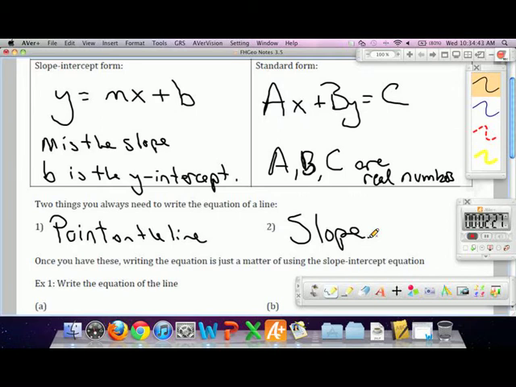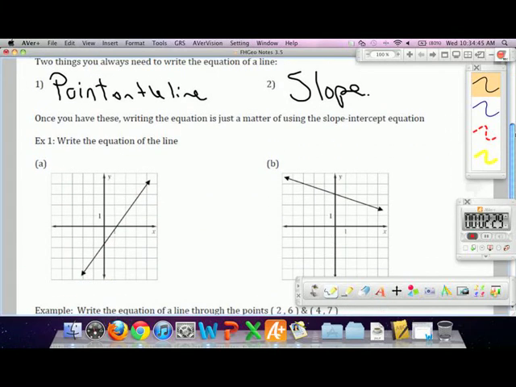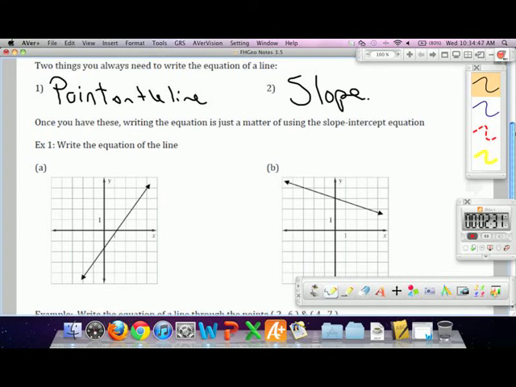For example, here are two lines that I've graphed. Let's find the equations of these lines. To do so, we need to find at least one point and find or calculate the slope of this line. Well, let's find a couple places where this line definitely crosses an intersection. So I see this point right here, (-1, -3).